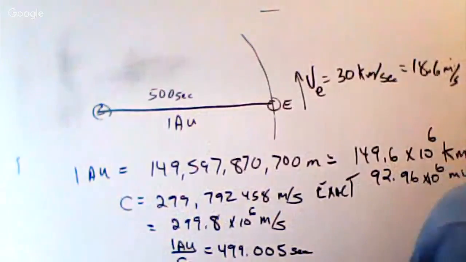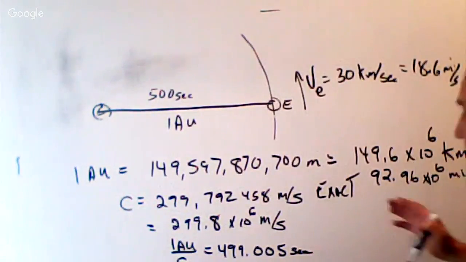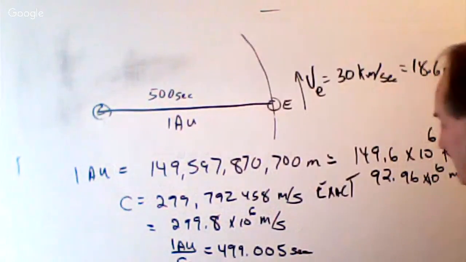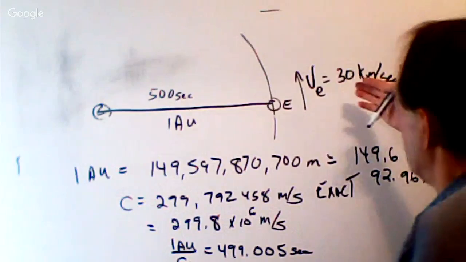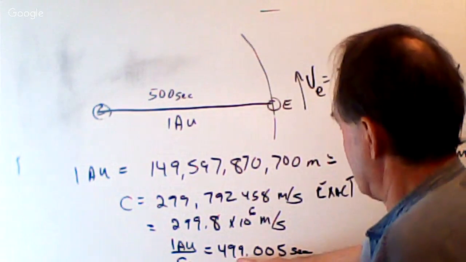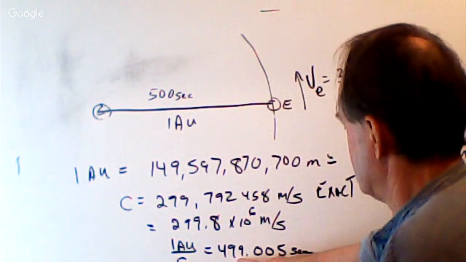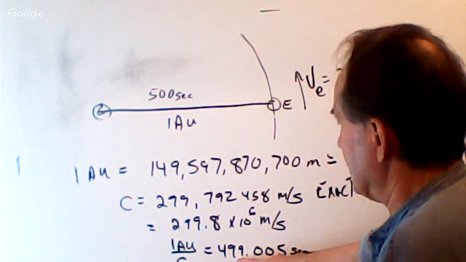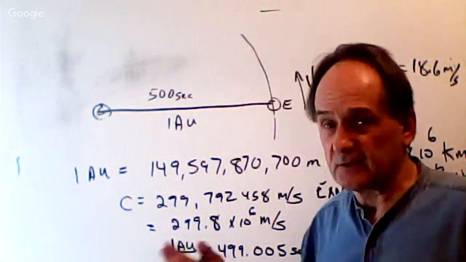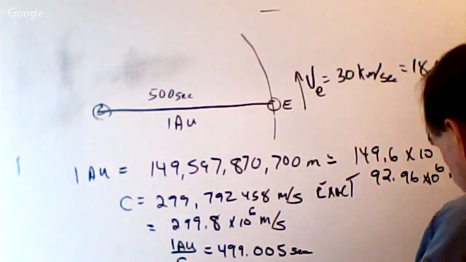So it's very close to 500 seconds on a trip from the Earth to the sun, and 1,000 seconds adding another 500 on the return trip. It's basically within 2 seconds of 1,000 seconds. It's actually 998 seconds. So 2 seconds out of 1,000, that's 0.2%. So that's negligible to worry about.